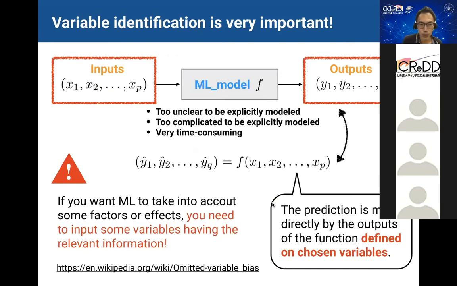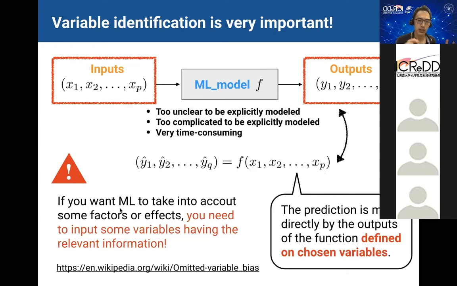And which variables to use as input is very important in this sense, because a machine learning model here is just a mapping from input to output like this one. If we call this model a function f, a p-dimensional function which outputs q-dimensional vectors, then if we miss some values here, that factor cannot be considered in machine learning.